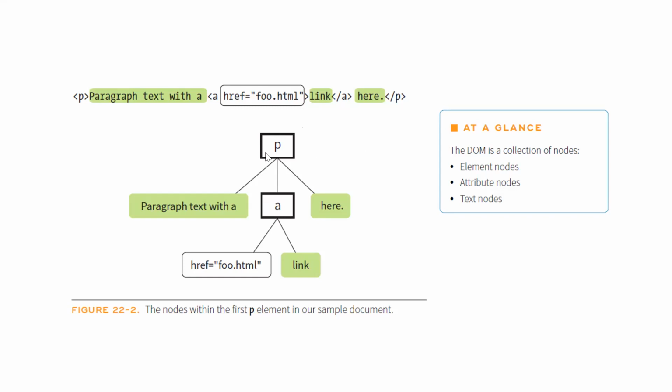P and A are known as element nodes. Paragraph and anchor are element nodes. Then href is an attribute node. And what is in green are text nodes. So you can draw the document object model for the whole module, or you can focus on one particular part. Try to understand how this will work.